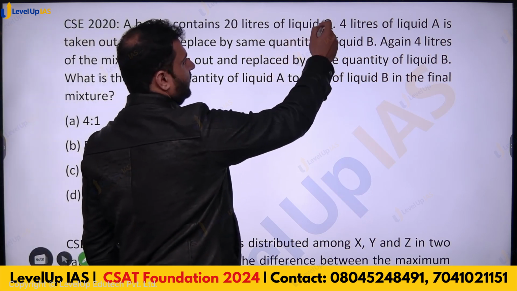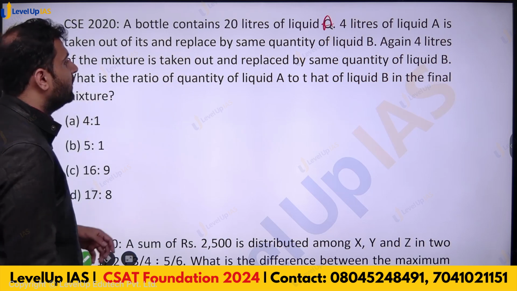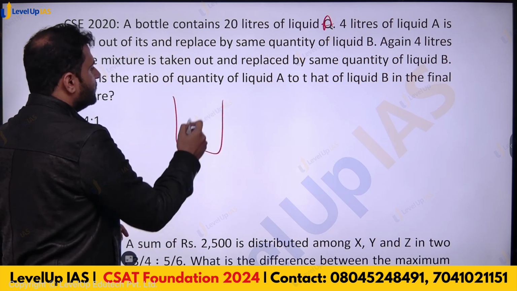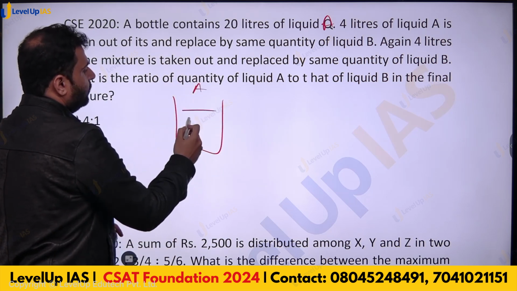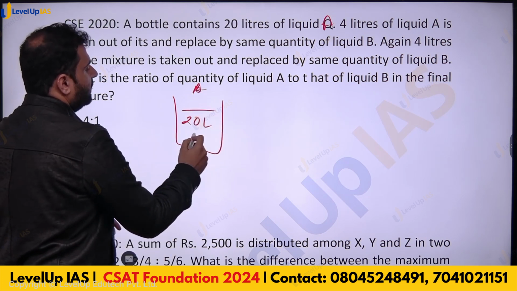So this is A. This is not Q. This is A. We have a bottle containing 20 liters of liquid A. This is the bottle having 20 liters of A.